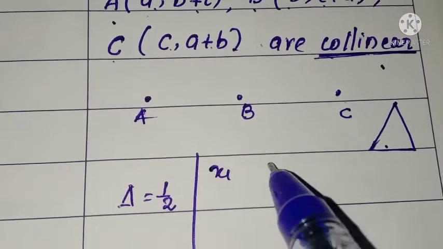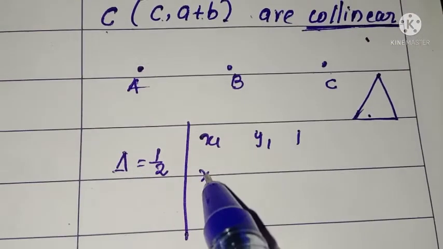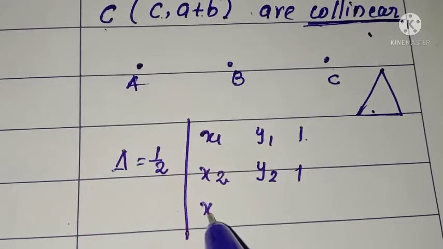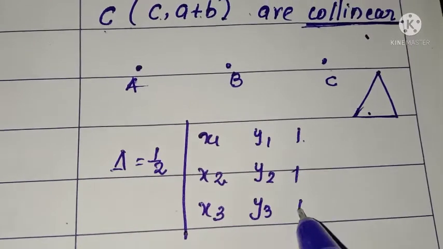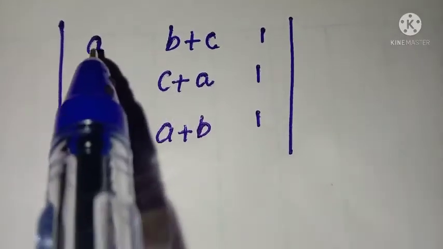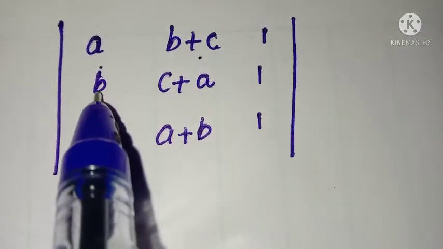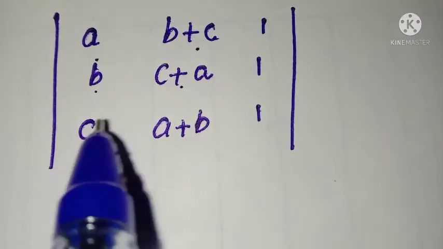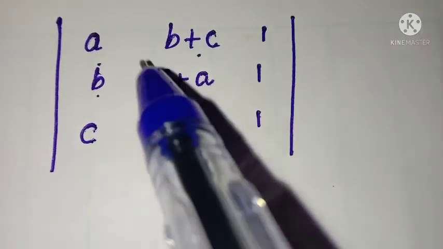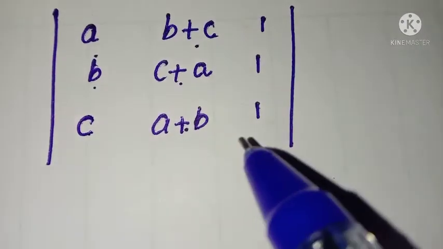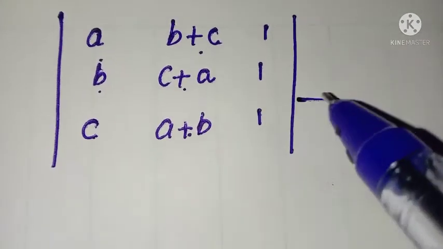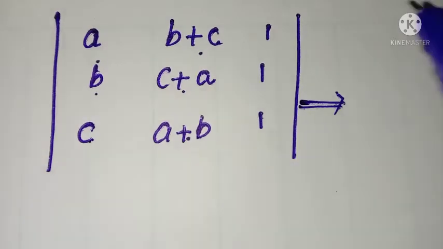Area is obtained by using the result half into the determinant x1 y1 1, x2 y2 1, x3 y3 1. Now put all the values here. We get the determinant a, b plus c, 1; b, c plus a, 1; c, a plus b, 1. Here you can find the determinant expanding along a row or column or using a property. Listen, I am going to use a property here.